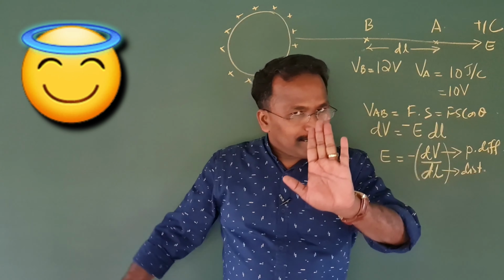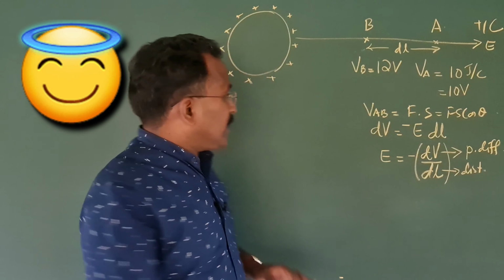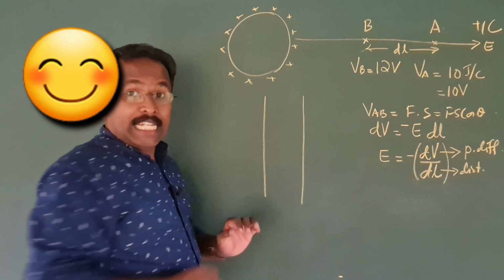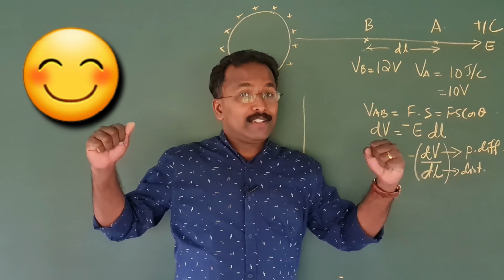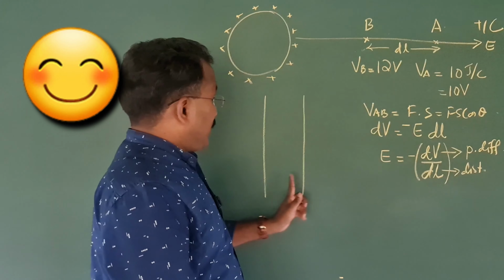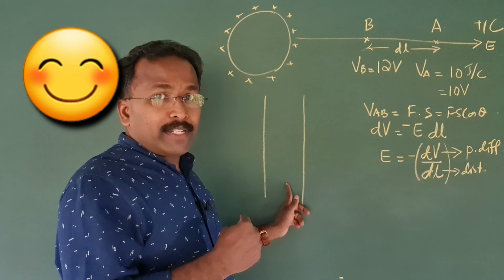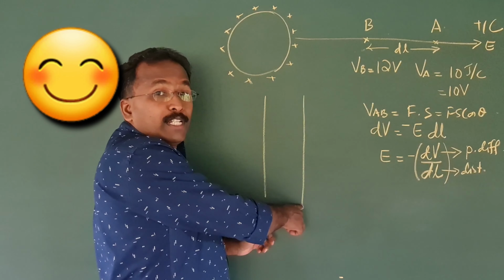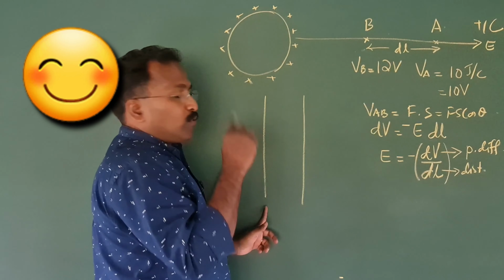Okay. There, don't worry. You are seeing the 11 kV line there. 11 kV lines are very strong. And this is an 11 kV line means what? It means the potential difference between these two lines is 11,000.